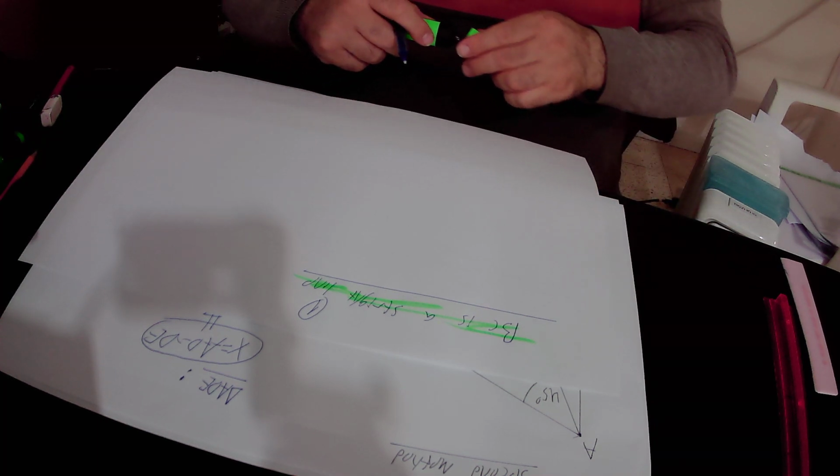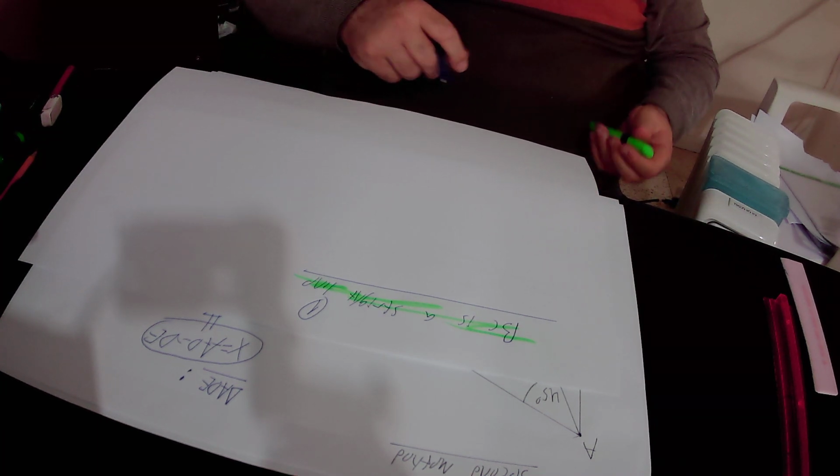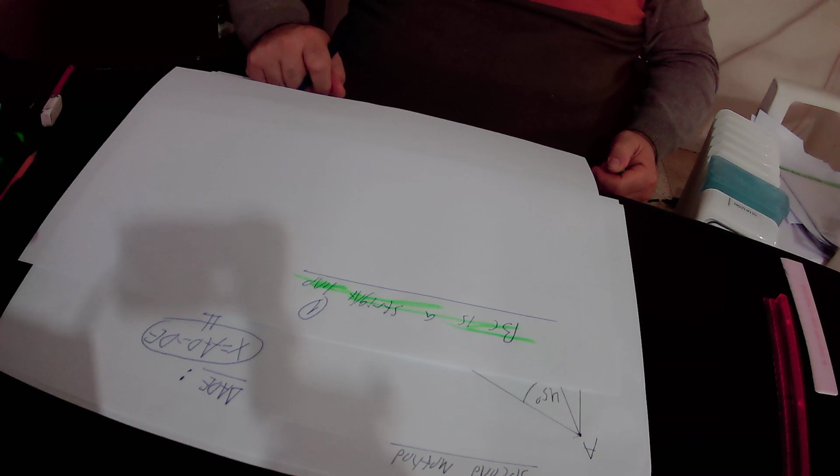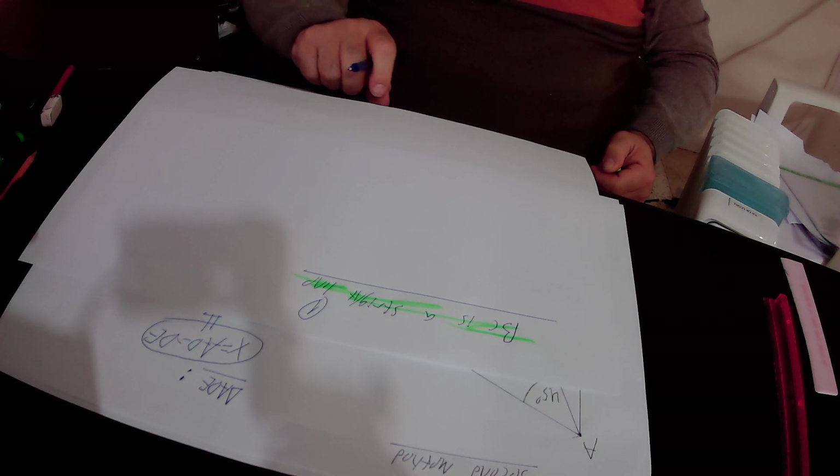And we have the rule that the sum of the angles on one side of a straight line is equal to 180 degrees.